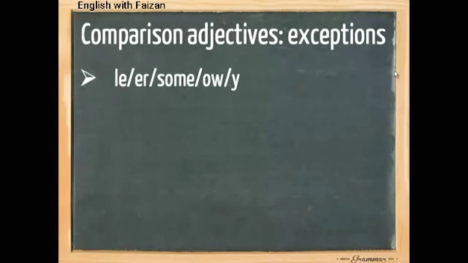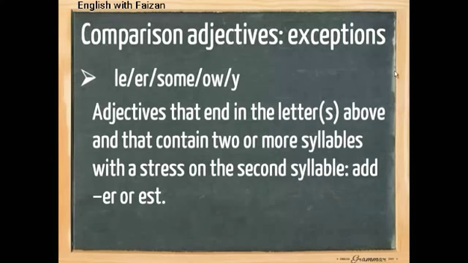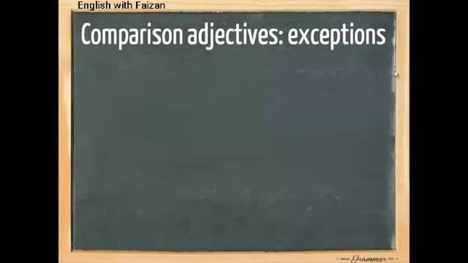Now obviously there are some exceptions. First, the words that we call leersomer. These are adjectives that end in the letters above and that contain 2 or more syllables with the stress on the second syllable. With these words, we also add er or est.